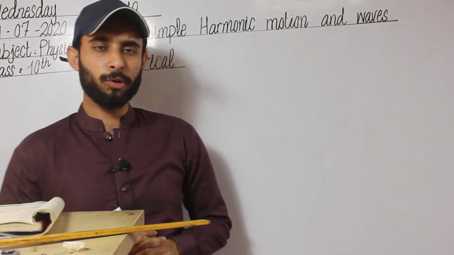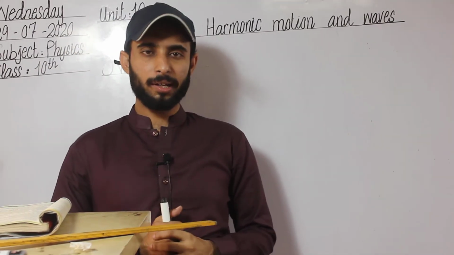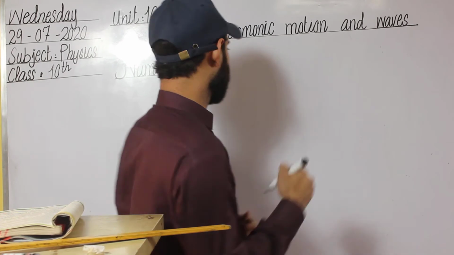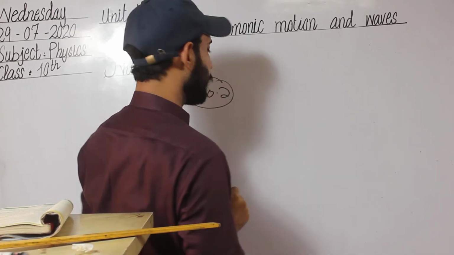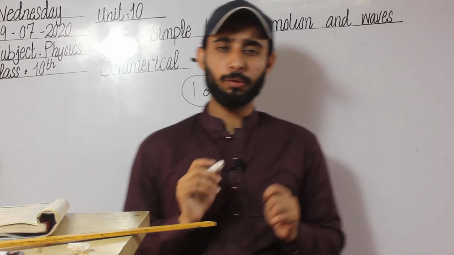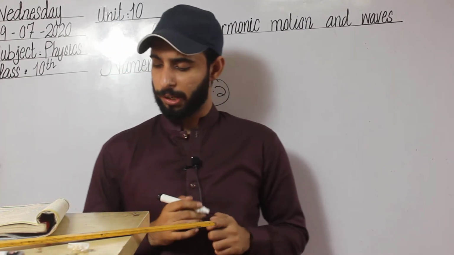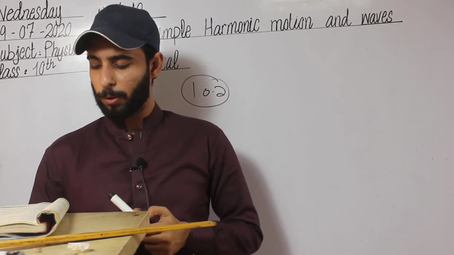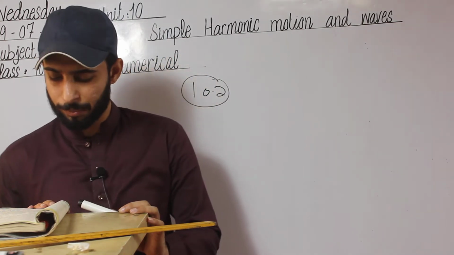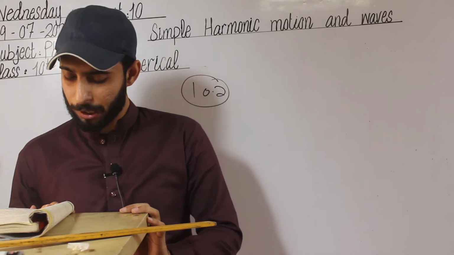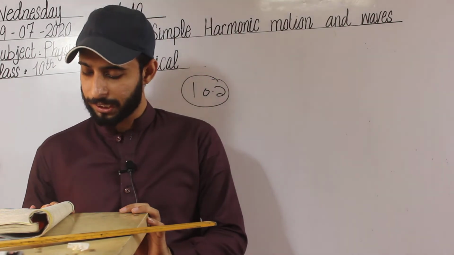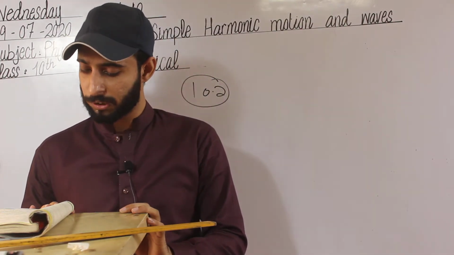Now student, we are going to solve numerical number 10.2. Just like we solved numerical number 10.1, first of all we have to read the given statement very carefully. A pendulum of length 0.99 meter is taken to the moon by an astronaut. The period of the pendulum is 4.9 seconds. What is the value of g on the surface of the moon?